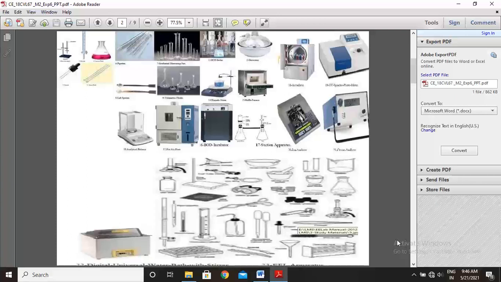These are the basic apparatus. Without these apparatus it is not possible to complete the given experiments for given samples. So that's why you should procure these apparatus safely, with precautions, in your laboratory.